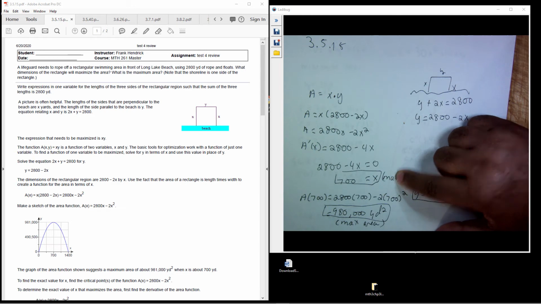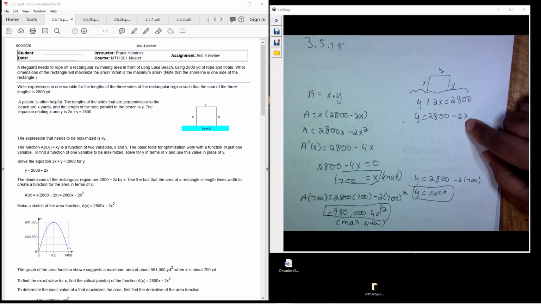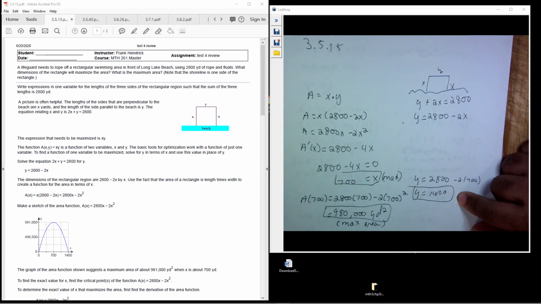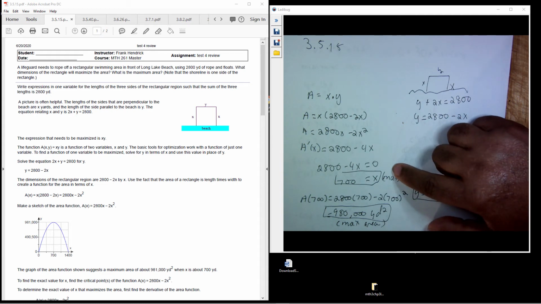So I can back-solve and use this equation here and find out what the y coordinate of the critical point is going to be. The y coordinate of the critical point is 1400, and the x coordinate is going to be 700.